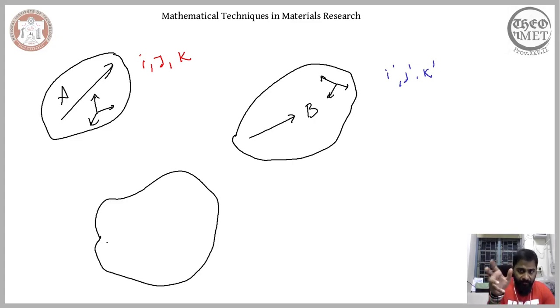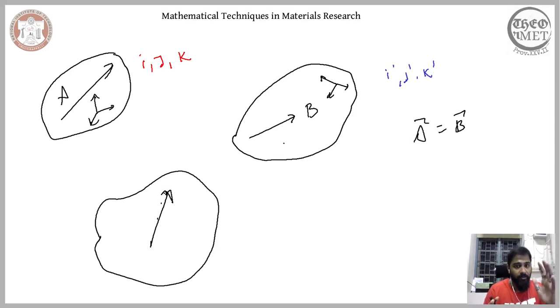We are rotating the B orthogonal basis in such a way that our A vector and B vector are equal. Our goal is to ensure that our A vector and our B vector superimpose one another. So vector A is equal to B in the new space that we have created. It means that, in addition to the magnitude, the direction of the B vector should be parallel to that of the A vector.